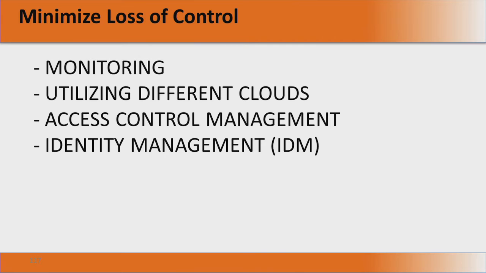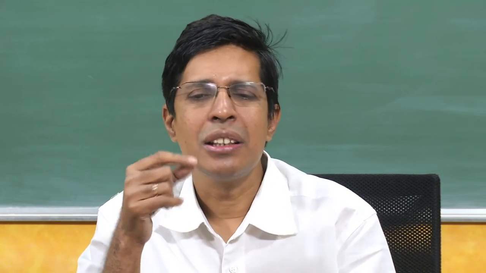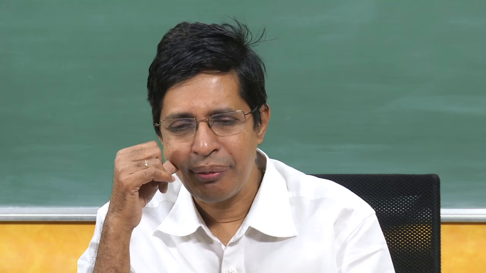What we really find is that to address many of these security and privacy concerns, we need to have certain good policies, and we need to reduce the lack of trust, and also minimize loss of control and minimize multi-tenancy. Now, what does it mean to minimize loss of control?